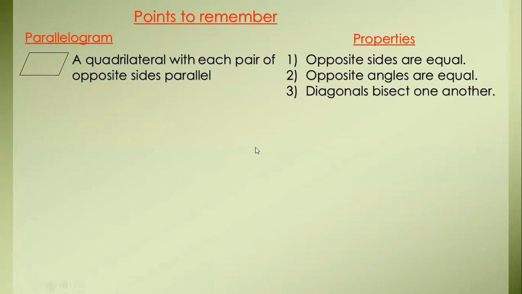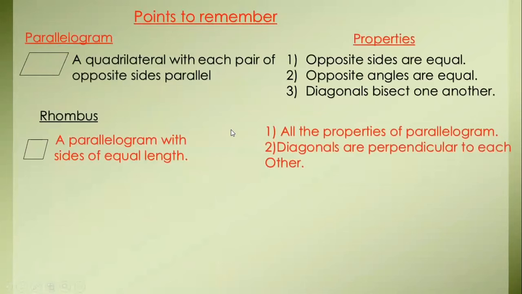These are the points to remember in parallelogram. Then next is rhombus, a parallelogram with sides of equal length. We discussed in earlier classes. Rhombus has all the properties of a parallelogram, and also diagonals are perpendicular to each other.